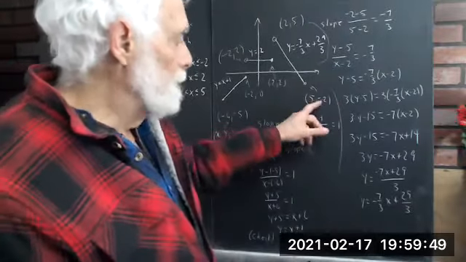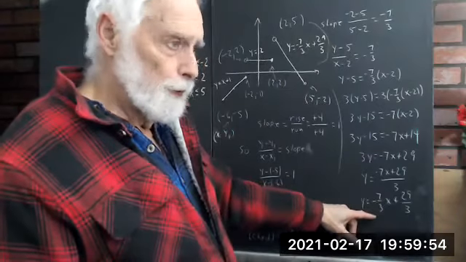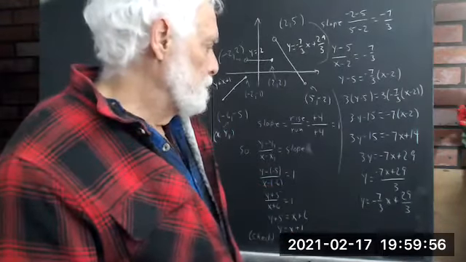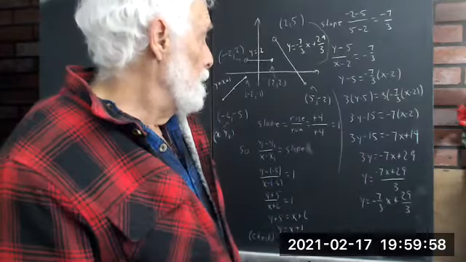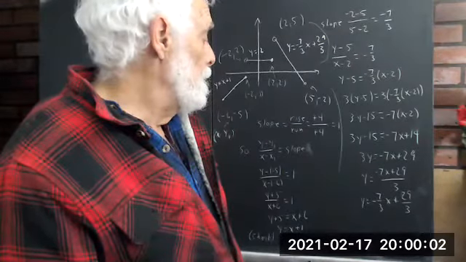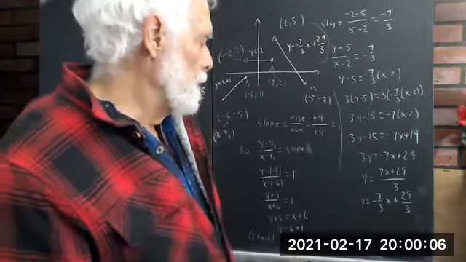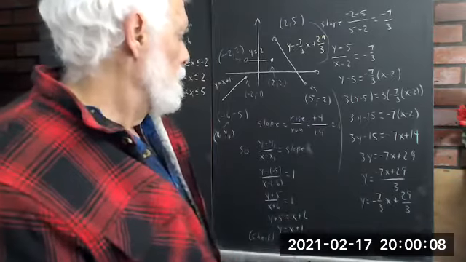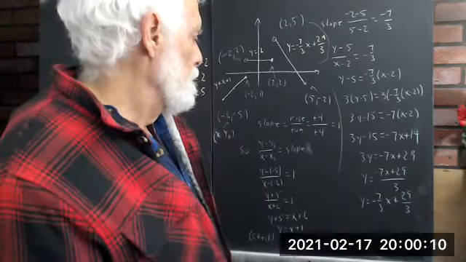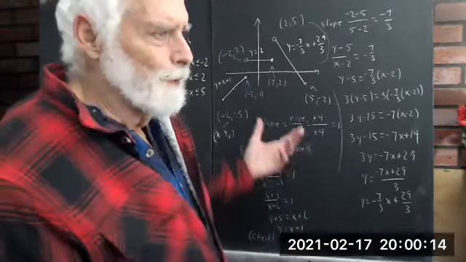If you plug in 5, negative 2, then you're going to get negative 4, positive 14 thirds. And 14 and 29 gives you, I'm sorry, plugged the wrong number there.